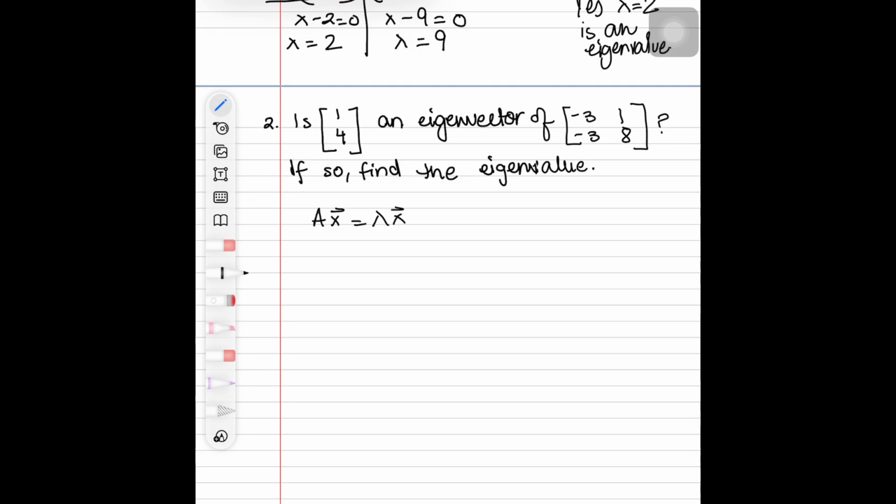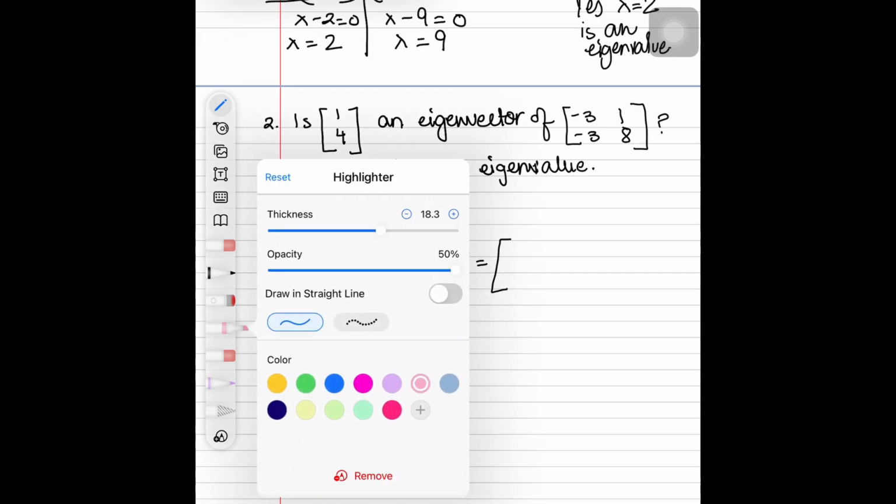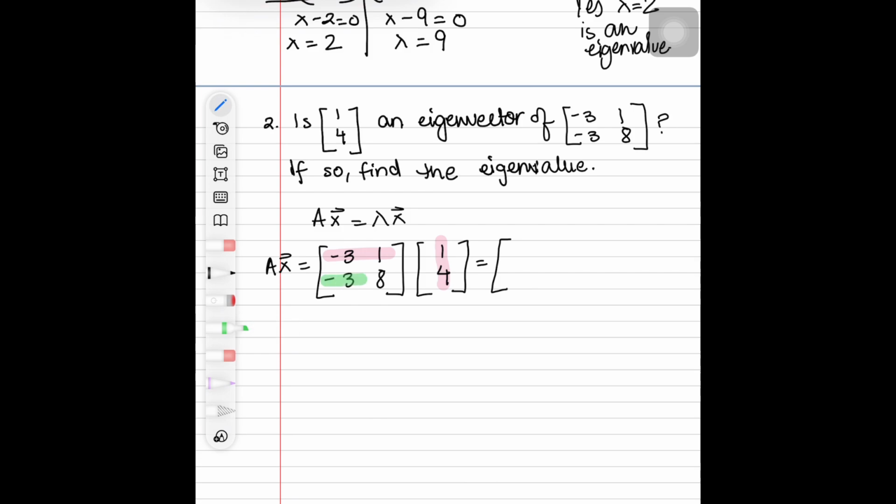So here we have Ax, where the A matrix is negative 3, 1 and negative 3, 8, times the vector 1, 4. I hope everyone knows how to multiply this by now. This times this, and then this times this.